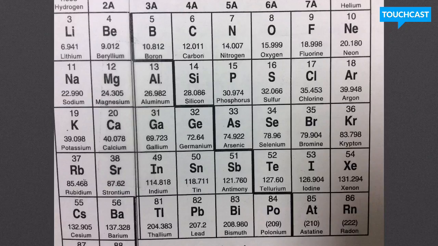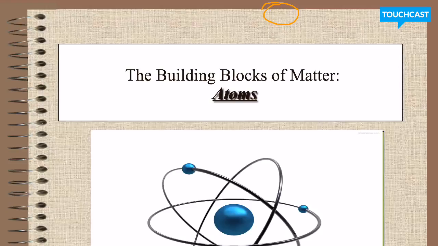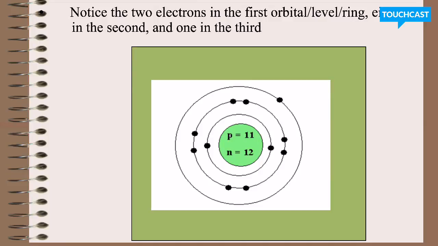Think about 8-man. Atomic number equals 8 protons and 8 electrons. So I'm looking for an atomic number of 8, and I think I found it. That's this right here. So that means that the element is oxygen.